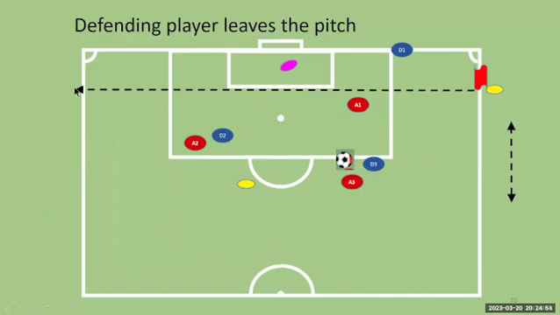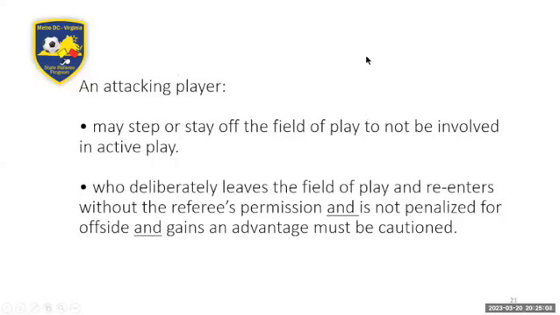Okay, so does everybody sort of understand that? Yes. It also holds true: an attacking player may step off the field of play to indicate they are not involved in active play.